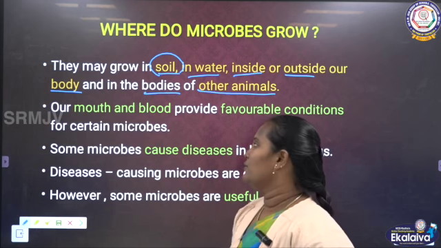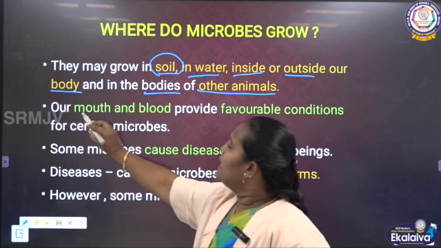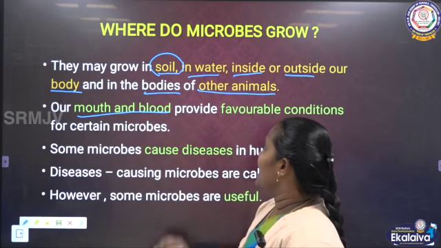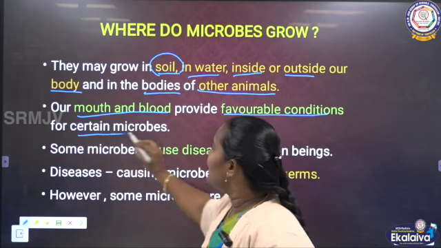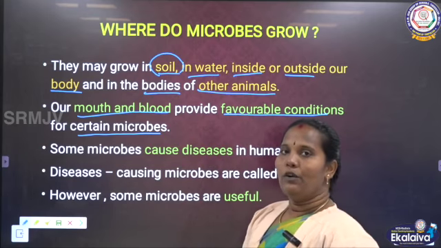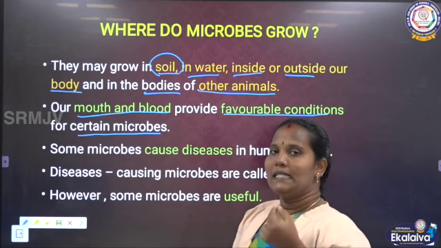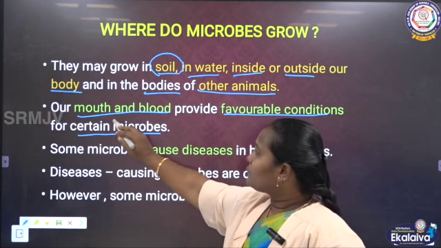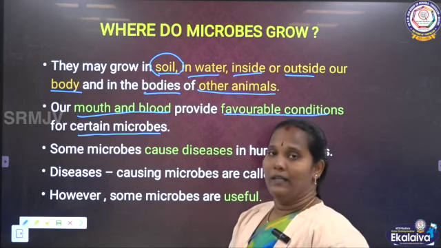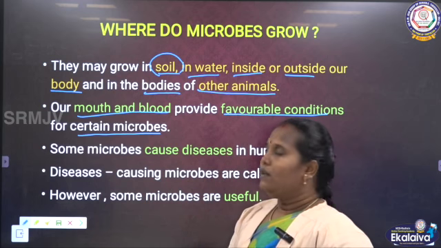Okay. Next. I told you our mouth and blood give favorable conditions to certain microbes. The leftover food particles stuck in between our teeth, some microbes can grow in them.